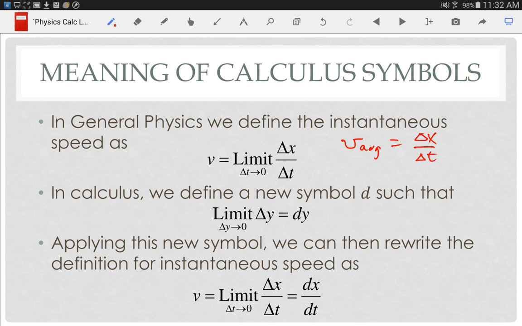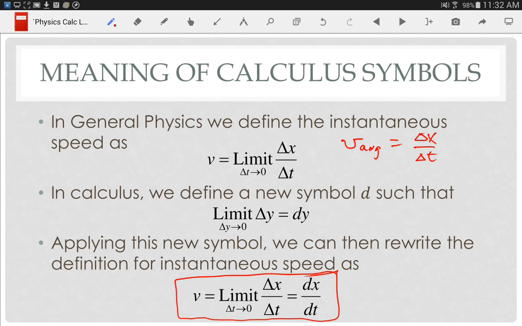What's the difference? The d means in the limit as delta whatever approaches 0. So all three of these terms are identical in meaning. The speed is the limit as delta t approaches 0 of delta x over delta t, which is identical to dx/dt. That's the difference between calculus and algebra.